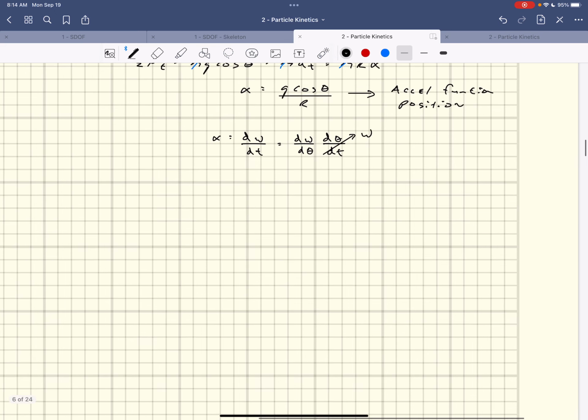Rearranging, that's equal to d omega, d theta times omega. And so we're going to put the d theta over there. So it's alpha d theta is equal to omega d omega.